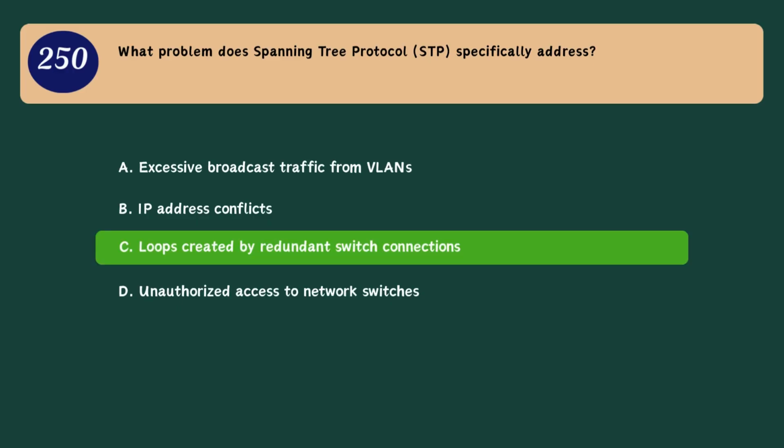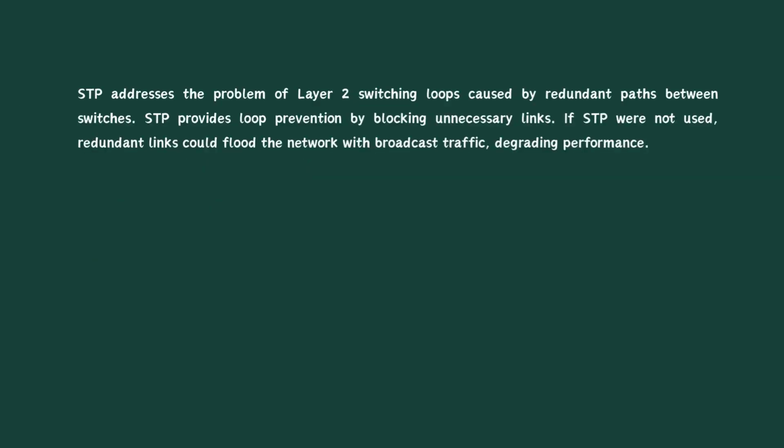Correct answer. C. Loops created by redundant switch connections. STP addresses the problem of Layer 2 switching loops caused by redundant paths between switches. STP provides loop prevention by blocking unnecessary links. If STP were not used, redundant links could flood the network with broadcast traffic, degrading performance.